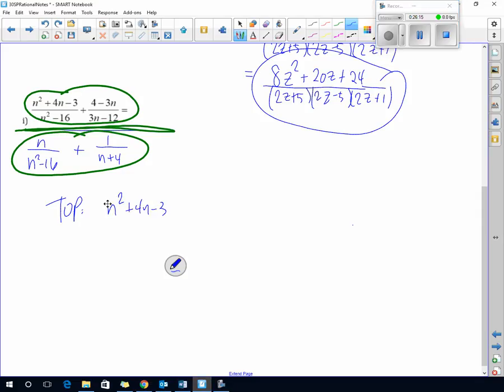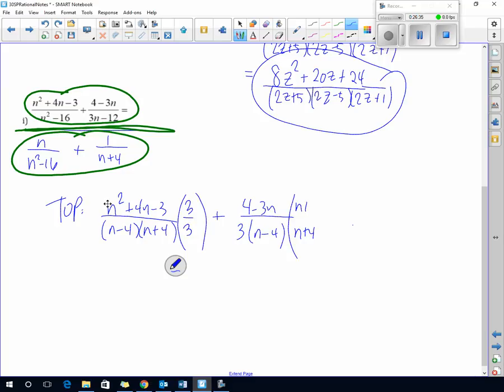So this has to be multiplied by a 3 over 3, and this has to be multiplied by an (n plus 4) over (n plus 4). So then I get 3n squared plus 12n minus 9. This is a FOIL now, hey? So first I get plus 4n.